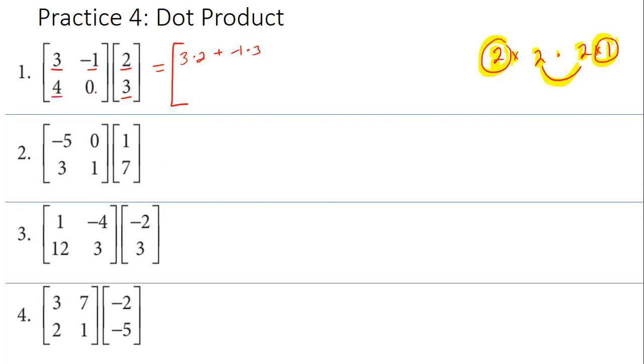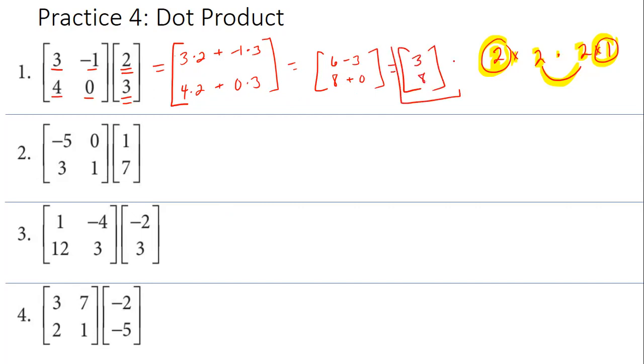I have 4 times 2 plus 0 times 3. Did I create a 2 by 1? I'm going to clean it up. 3 times 2 is 6. -1 times 3 is -3. 4 times 2 is 8. 0 times 3 is 0. So what is my product matrix? And that is it.